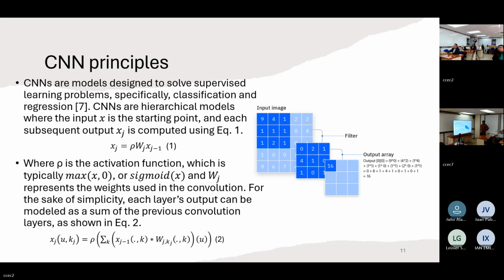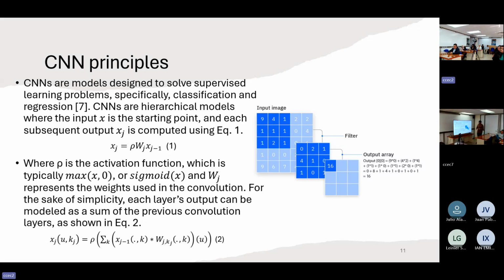As you can see in equation 1, we have this expression. This expression can be translated graphically. In the first stage, we have a matrix. Later, we have a kernel, and finally, we have an output.